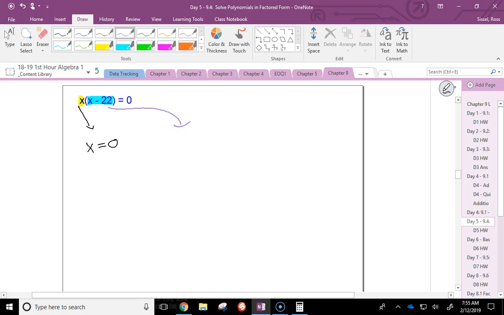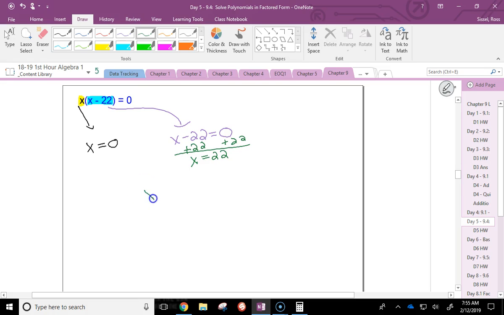The other one, I'm going to say x minus 22 equals 0. To solve, what would I do? Add 22 to both sides, and we'd get x equals 22.